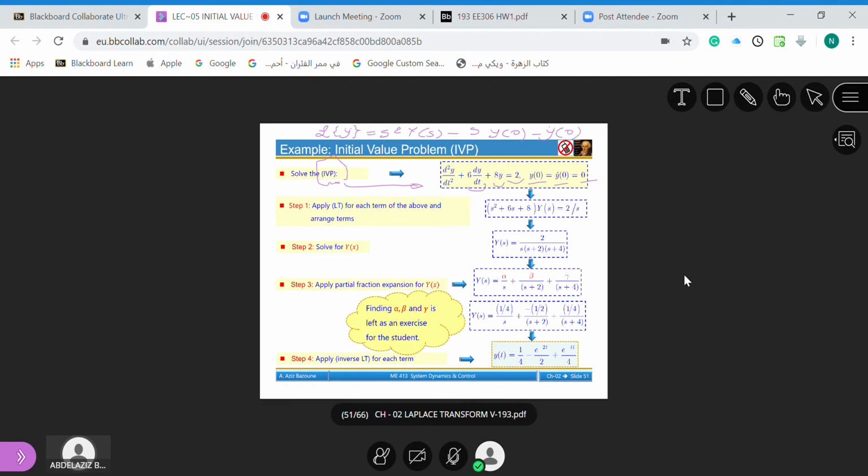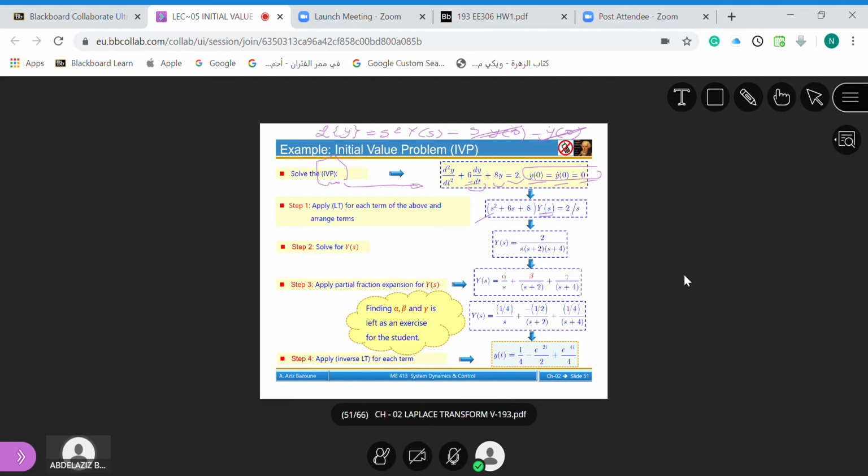Now, if the initial conditions are 0, y of 0 and y dot of 0, this term disappears, it will be 0, and this term disappears, it will be 0. So the Laplace transform of the second derivative will be s squared Y of s. That's why we are taking here s squared multiplied by Y of s.